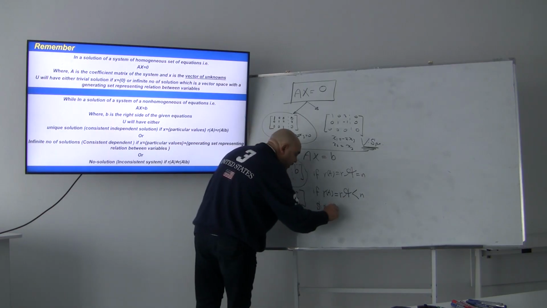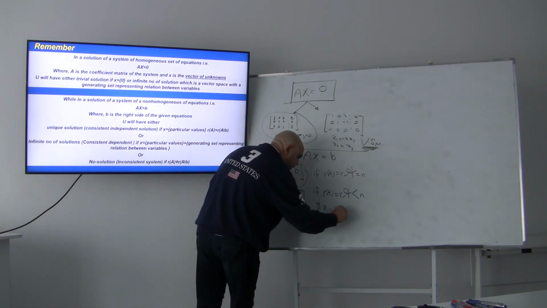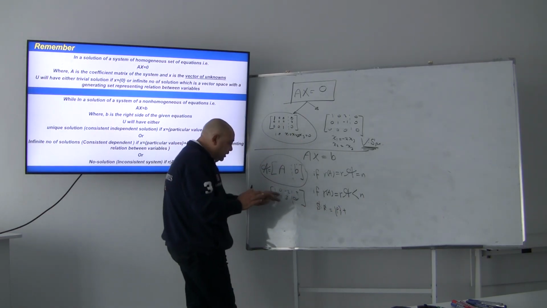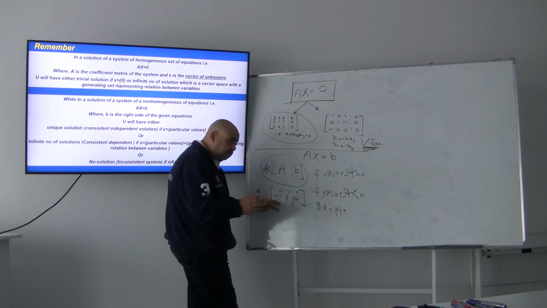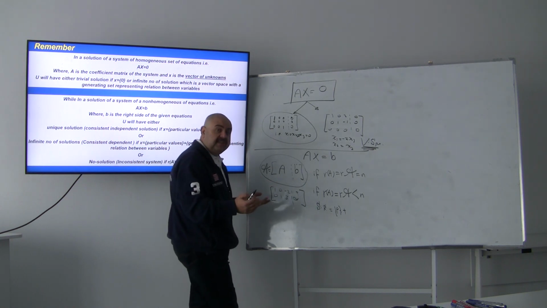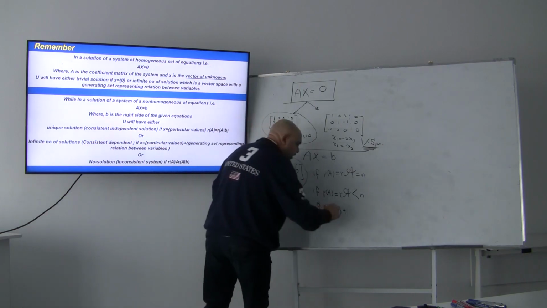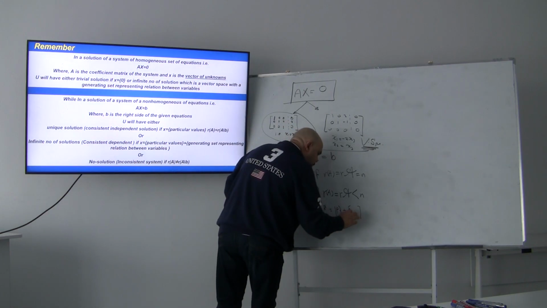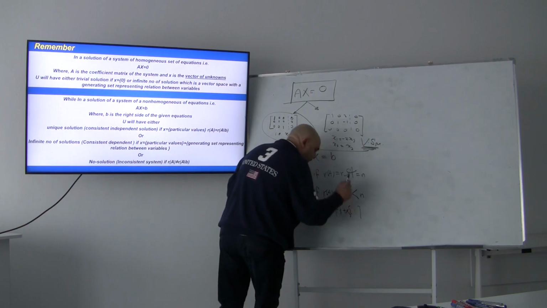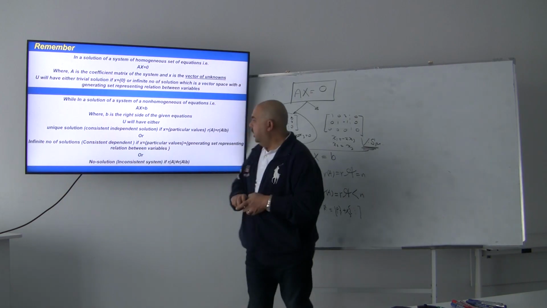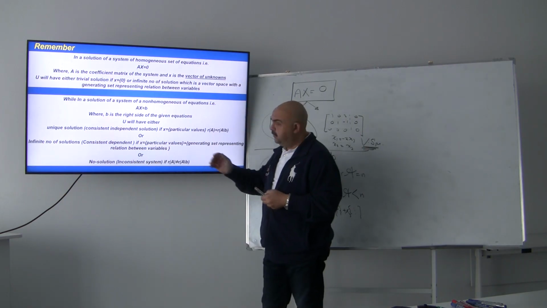So you will have some particular results plus this matrix, which will form the relation between x1 and x3, x2 and x3, and this is what we will see down the road, which depends on x3, and there are some numbers. That's exactly what's written here.